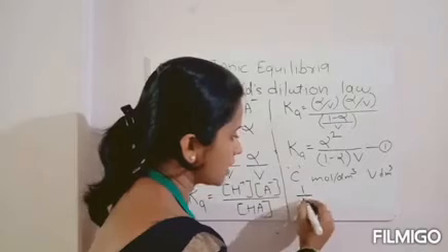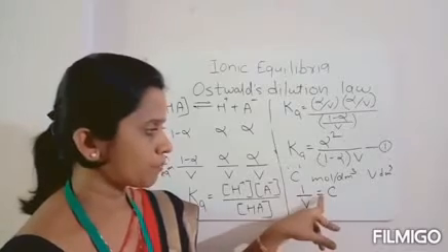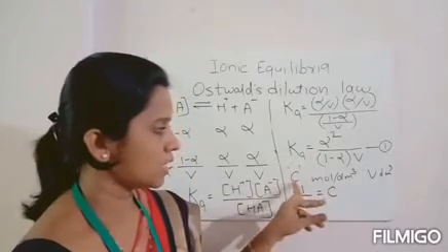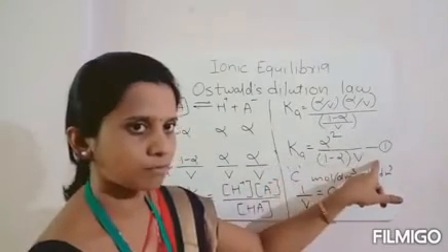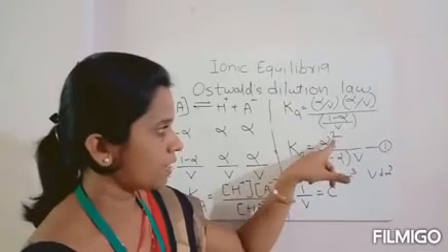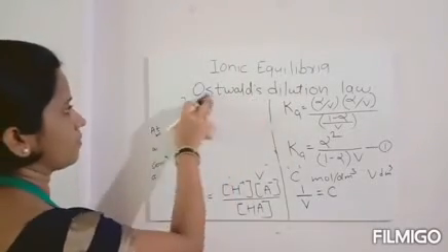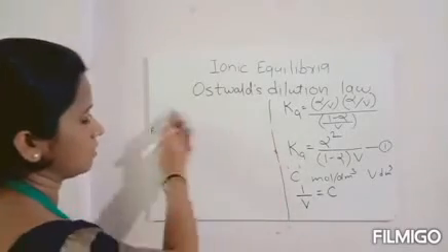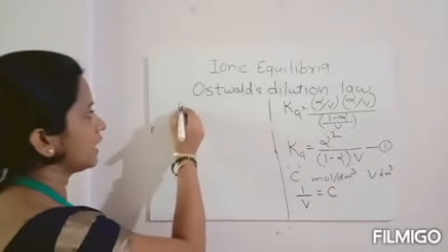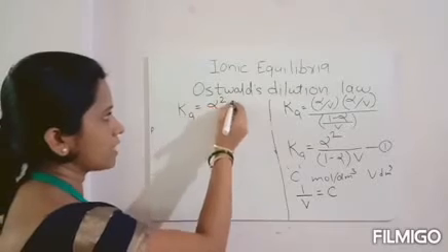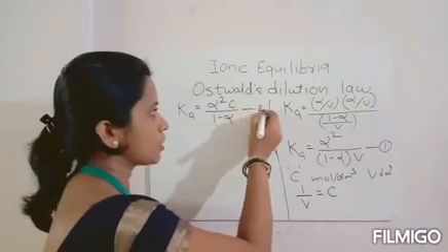Then number of moles divided by volume is the concentration, so C is equal to 1 upon V. Substituting this value of 1 upon V in equation 1, we get Ka is equal to alpha square C divided by 1 minus alpha. Take this as equation number 2.